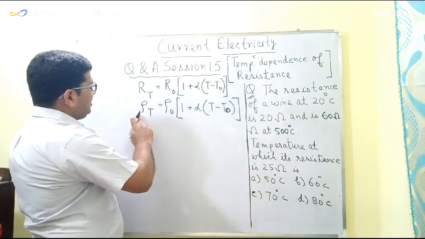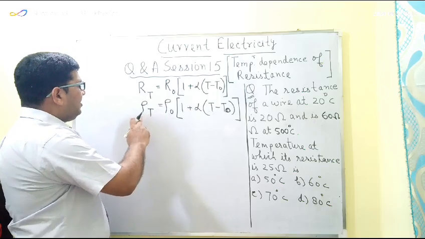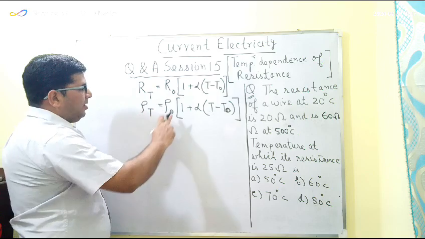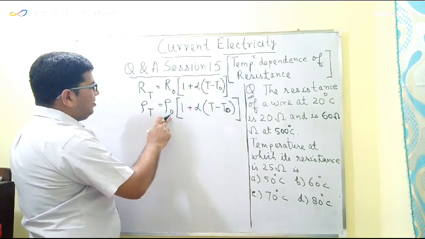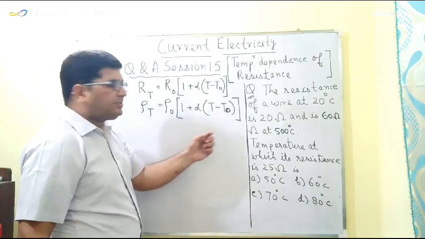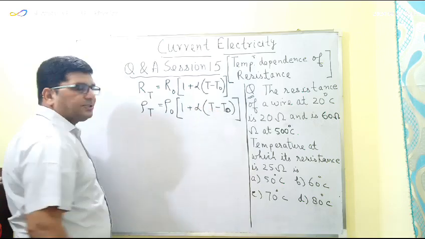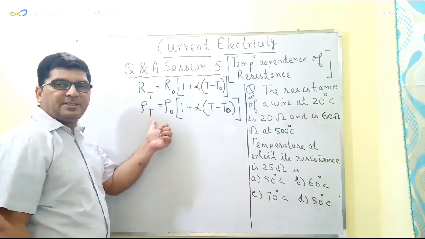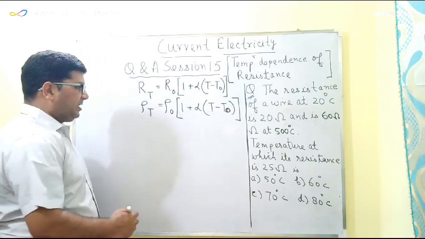Similarly, the resistivity of the material is given by rho_T = rho_0 (1 + alpha (T - T_0)). Here rho_0 is the resistivity of the material at the reference temperature T_0, and rho_T is the resistivity of the material at the temperature T, and alpha is the temperature coefficient of resistivity.